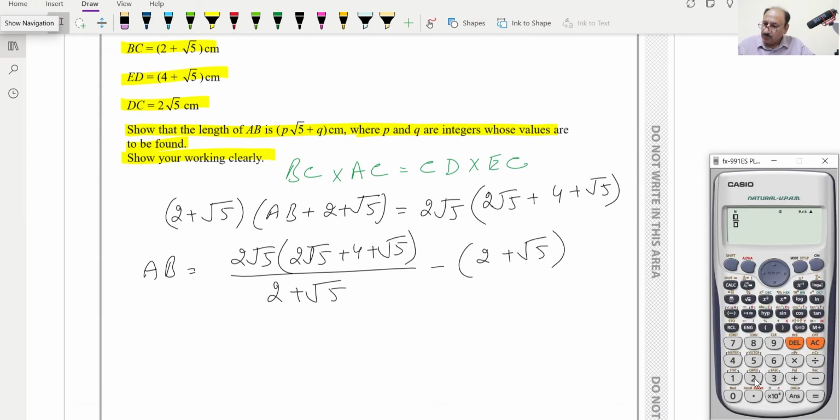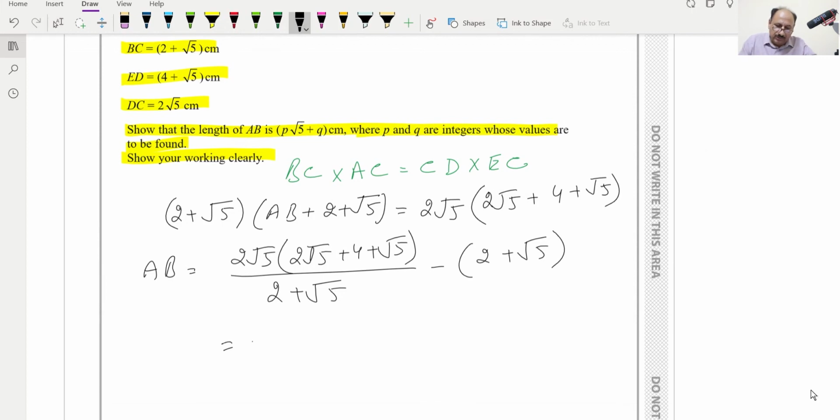So fraction 2 root 5 in brackets, and 2 root 5 plus 4 plus root 5, divided by 2 plus root 5, minus in brackets 2 plus root 5, and this is equal to minus 22 plus 13 root 5, and this will be the final answer.